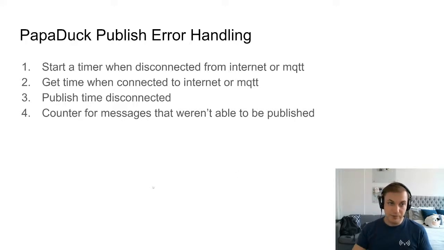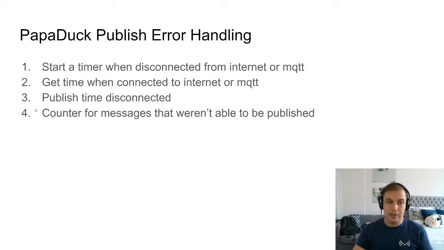The steps here are: when we are disconnected, we are going to get the time on the device. When we reconnect to the internet or MQTT, we're going to get the time again and figure out how much time has passed, and then we're going to create a JSON packet to send to the cloud, and add that counter message.